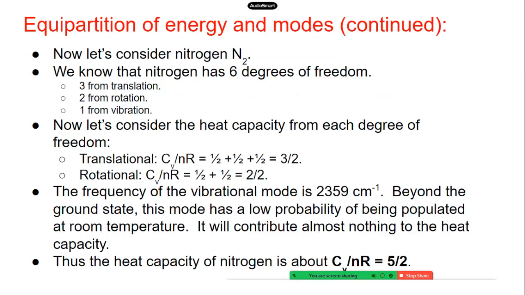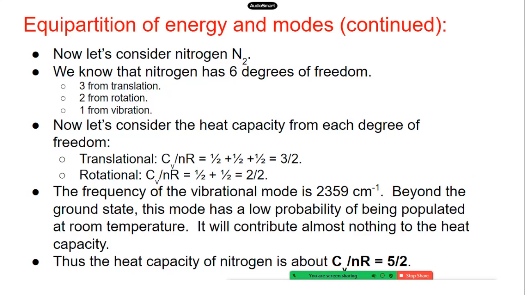Okay, now the frequency of the vibrational mode of N2 is 2359 wave numbers. If you use Einstein's equation, I'll show you how to use that in a second, you'll find that the contribution for this mode is basically 0.